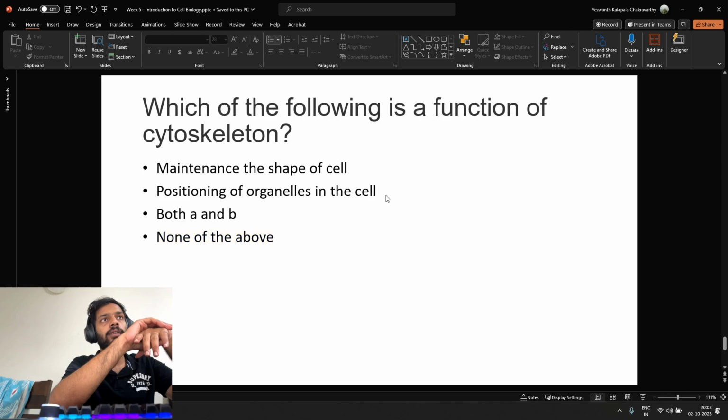Okay, which of the following is a function of the cytoskeleton? Maintenance of the shape of the cell, positioning of the organelles in the cell, both A and B, none of the above. Both A and B. Yes, they help in both maintaining the shape of the cell as well as positioning of the organelles within the cell.